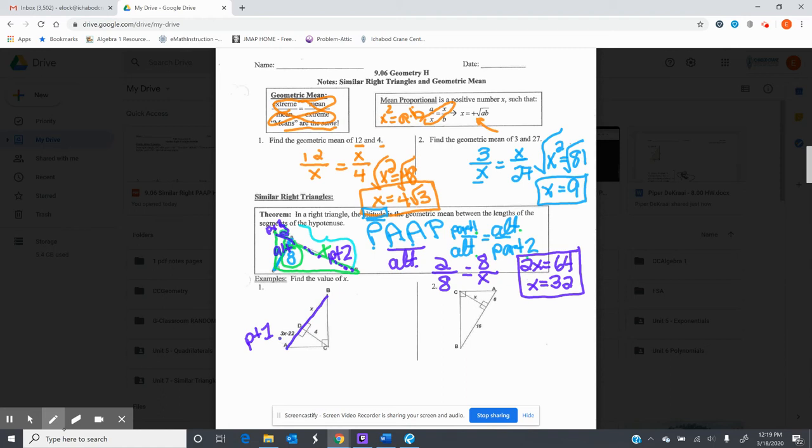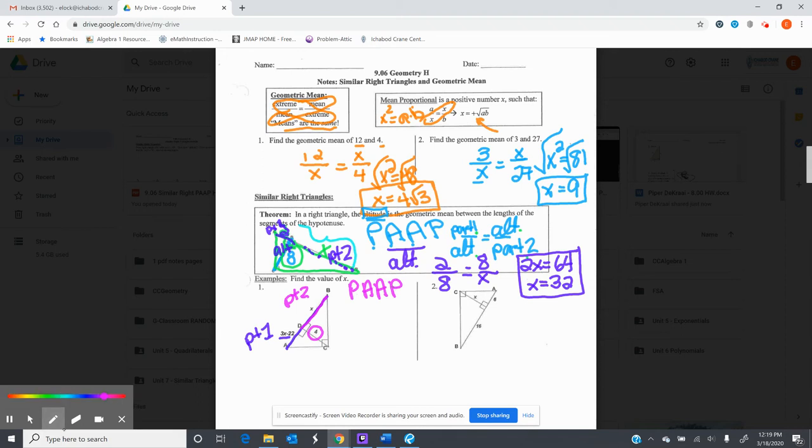So part 1 is going to be this 3x minus 22. Part 2 is going to be the x, meaning, again, part of the big hypotenuse. If we added those together, we'd get the 4x minus 22 if we needed it. And again, the 4 is the altitude. So we're going to use the PAAP rule, PAAP, for part is to altitude as altitude is to part.